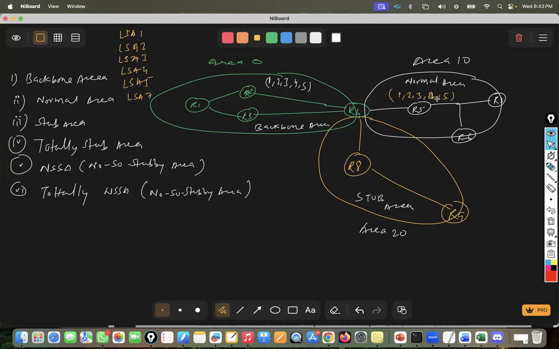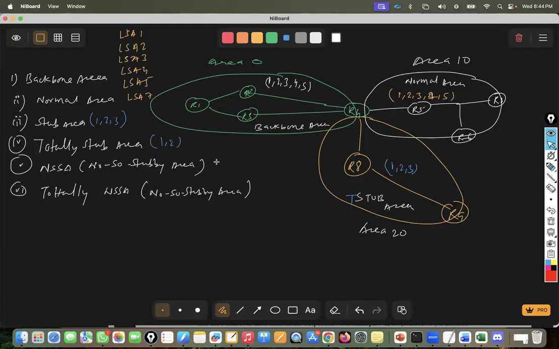Clear? But if I talk about the stub area, this stub area only allows LSA 1, LSA 2, and LSA 3. If I make this a totally stub area, it is going to allow 1 and 2.